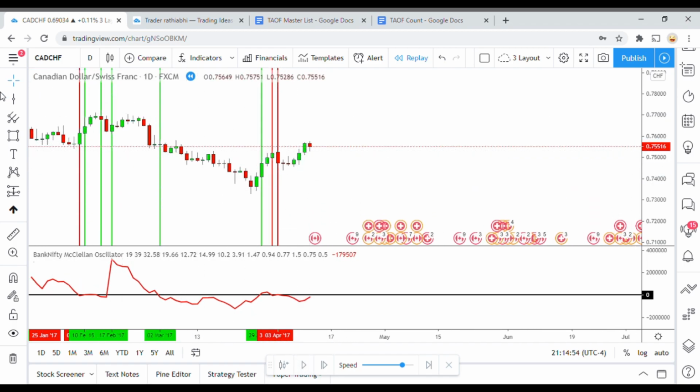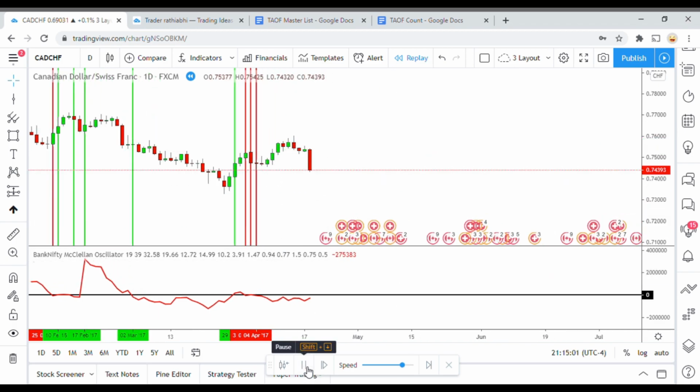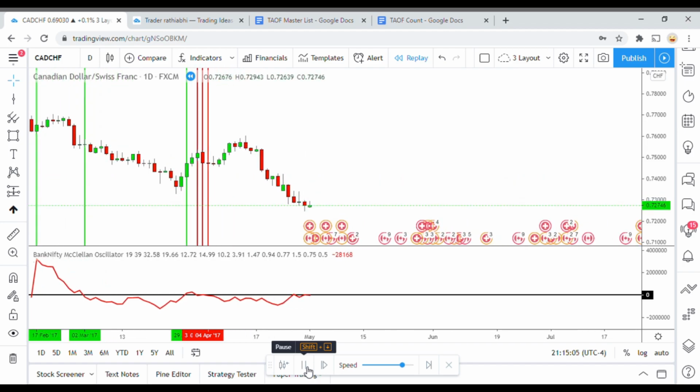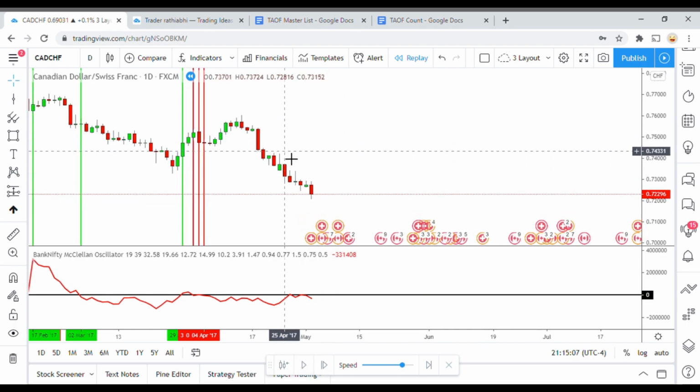Let's play this out a little bit more. And that one would have been a losing trade, so no good on that one either. Does appear as though this one is going to be an over trader.